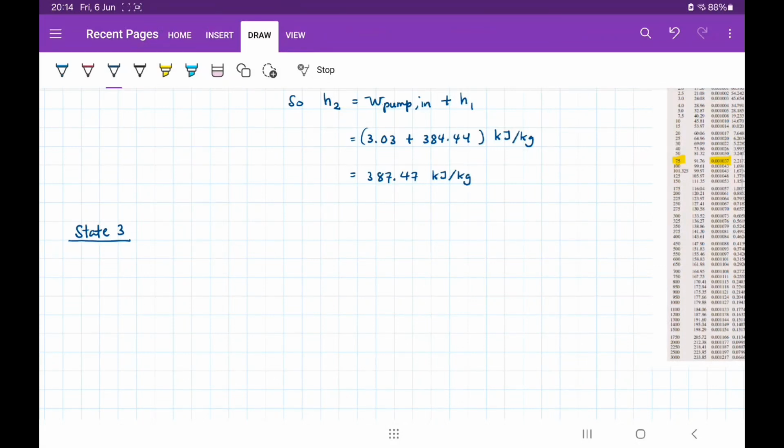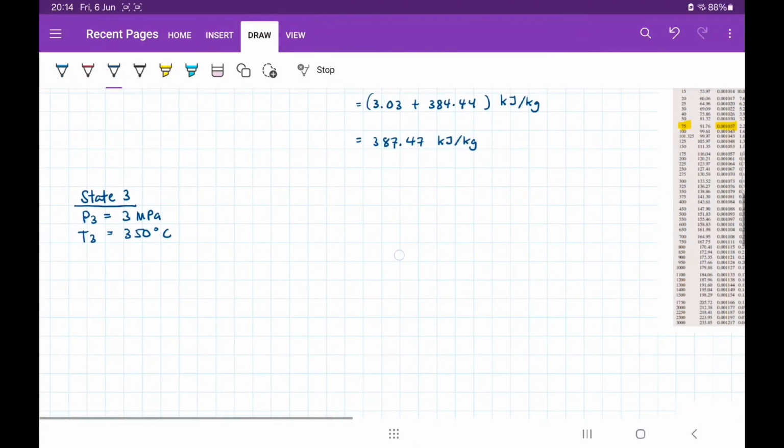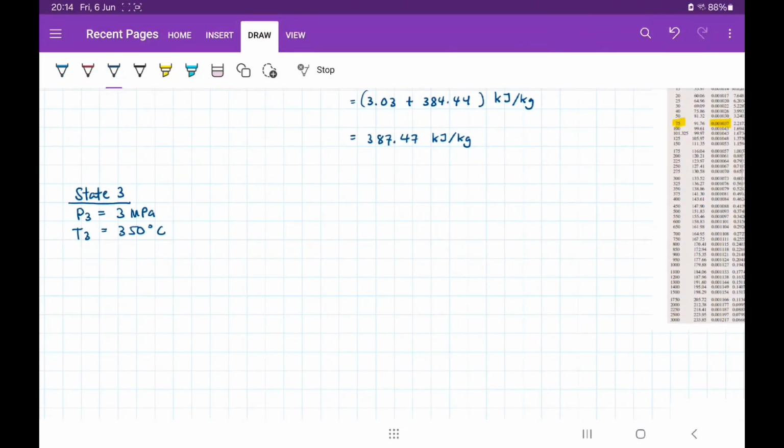State 3, we have the pressure at 3 MPa and temperature at 350 degrees Celsius. This is the steam entering your turbine. Since you have 3 megapascal and 350 degrees Celsius, you can check with table A4 and A5 to make sure that what you have is really steam.